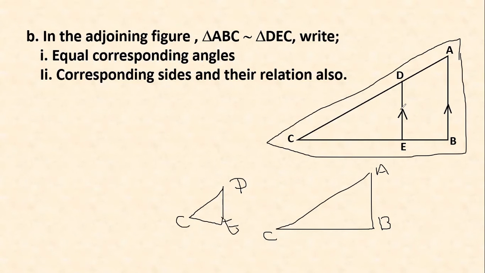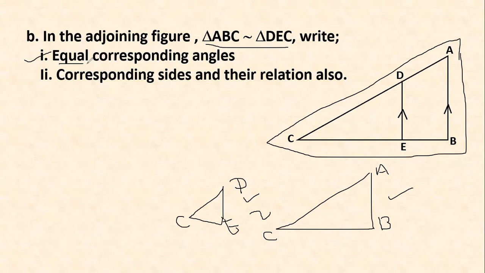Two triangles are joined in the same place. Whenever we separate them, one is bigger and the other is smaller, but they are similar. The symbol of similarity is already given here, so these two triangles are already similar. Having similar triangles ABC and DEC, two questions are here.